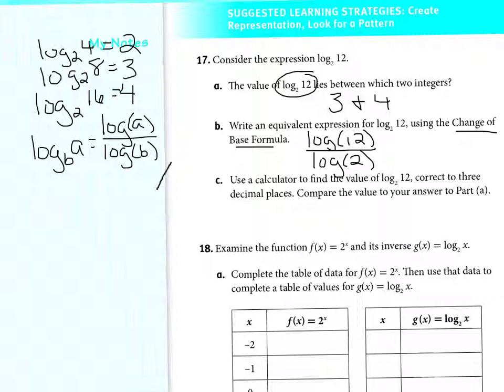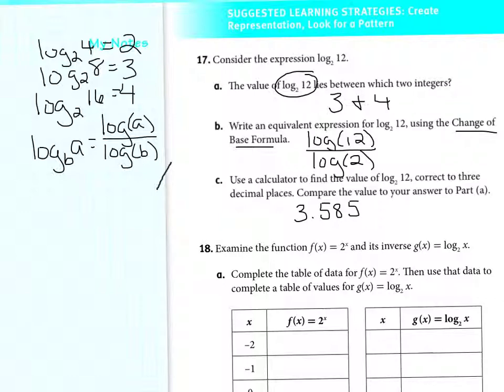And then we could actually put that in the calculator. So if you do log of 12 divided by log of 2, we get 3.585, which is between 3 and 4, almost halfway between.